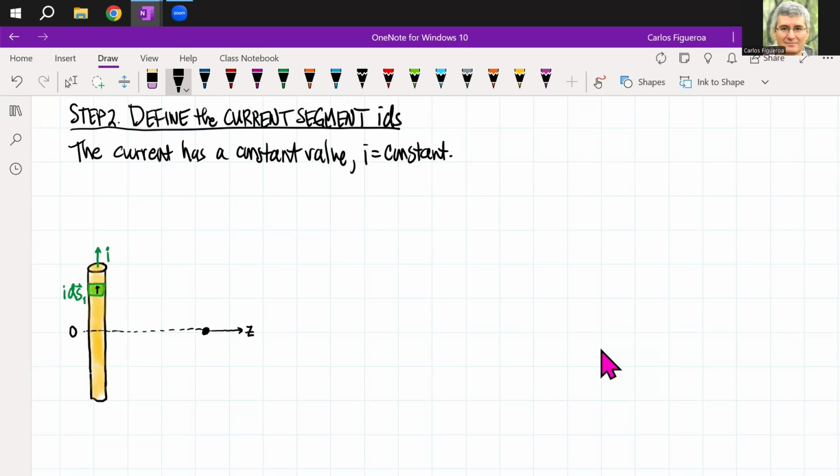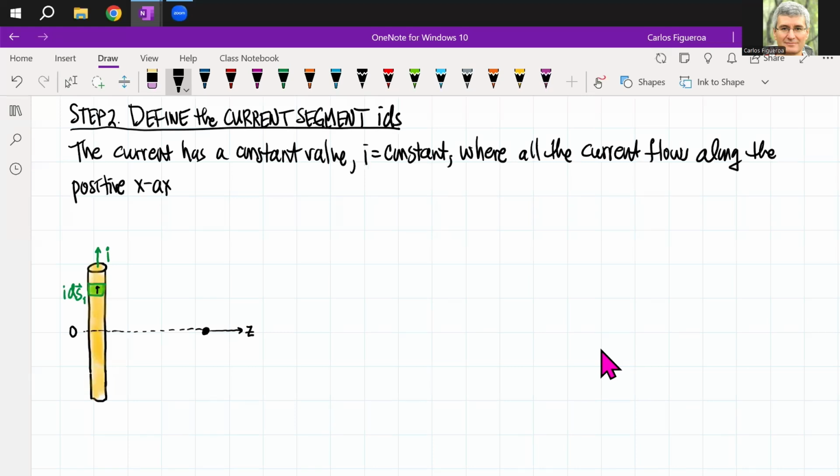That's what we mean by magnetostatics, where all the current flows along the positive x-axis. So if this is the x-axis right here, we can see that that guy has to do that.